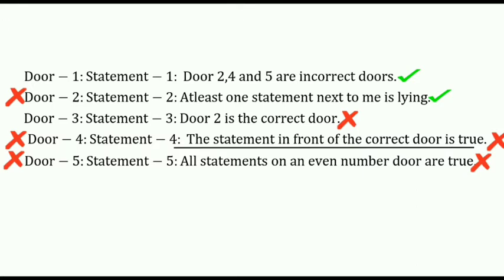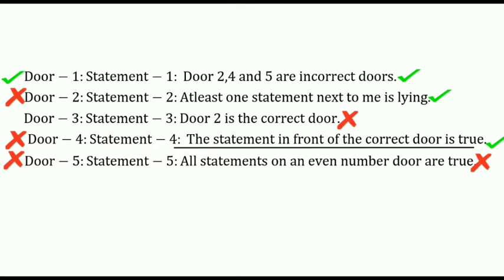Suppose we make door 1 the correct door. So we consider door 1 as the correct door, and statement 1 is also true. Statement 4 says that if the door is correct, then the statement has to be true. That makes statement 4 a true statement.